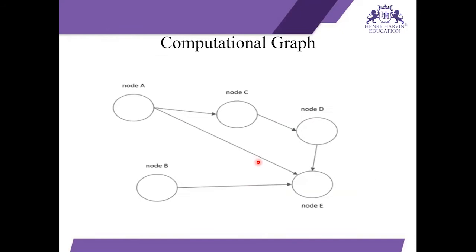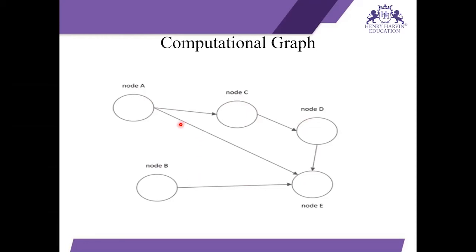Now look at this. What do you understand from this? Just have a look at this image and tell me what your understanding about it is. You can see certain nodes over here.